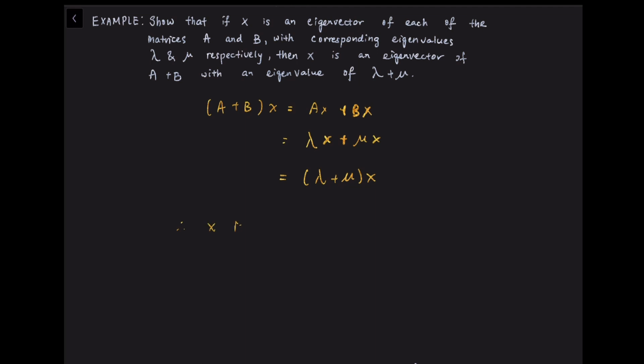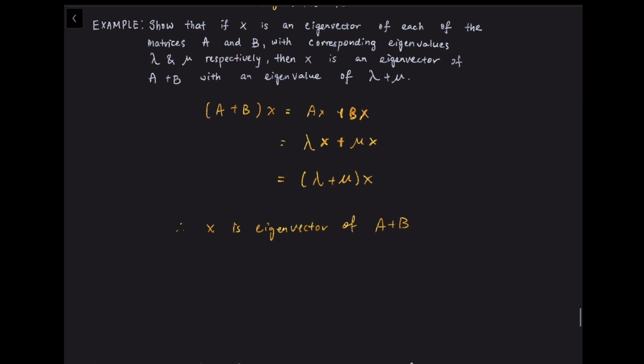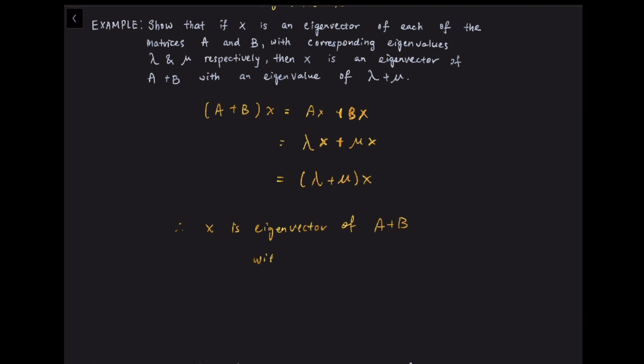And we factorize the x out, we have lambda plus mu times x. Hence, x is an eigenvector of A plus B with an eigenvalue of lambda plus mu.